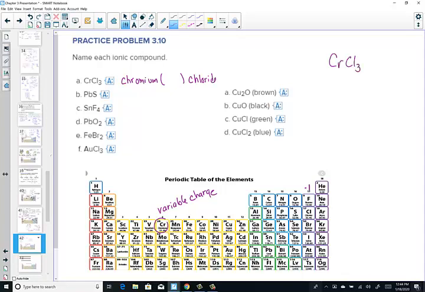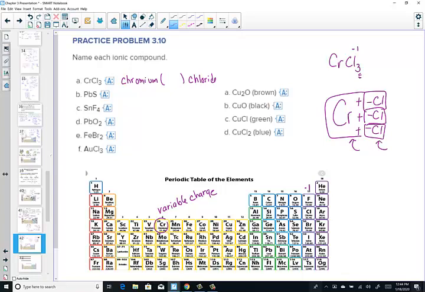We had CrCl3. If chloride is a -1 and there's 3 of them there, visually, do you see what that means? 3 units of this -1 chloride, we have just 1 unit of chromium neutralizing. It takes 1 positive 3 chromium to electrically balance 3 units of the -1 chloride.